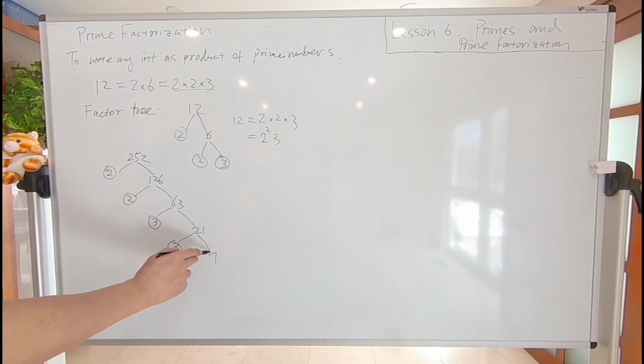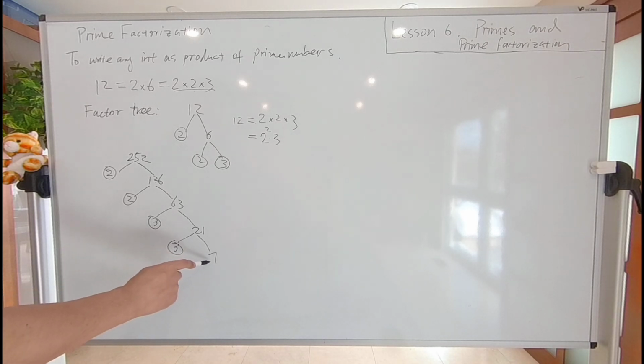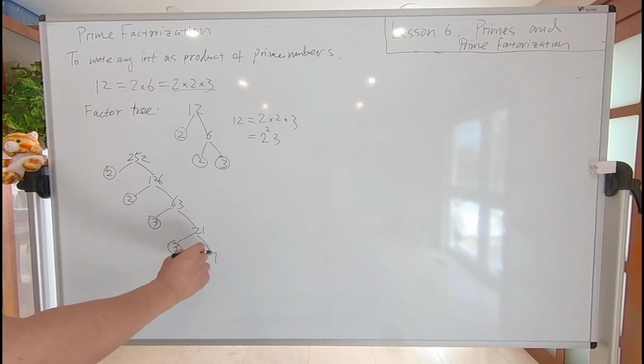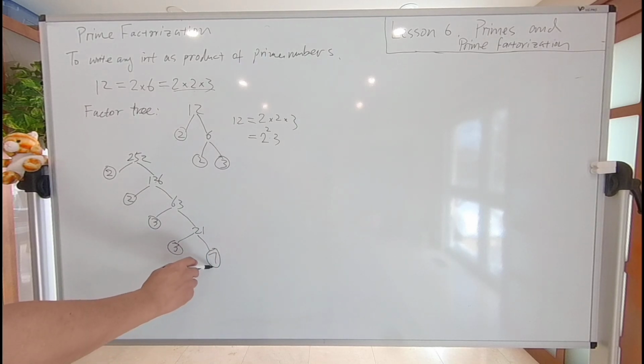Now this 7 is a prime number if you still remember that. Even if you don't remember, you can try: 2 is not divisible, 3 is not divisible, and 4, 5, 6 are all not divisible for the number 7. Or you know right away that 7 is a prime number, which means there's no further breakdown up to here.